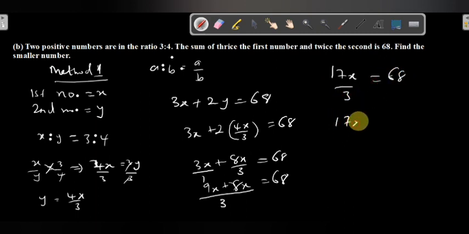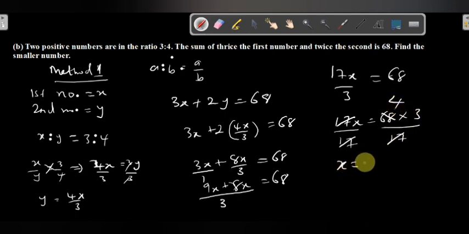So 17x is going to be equal to 68 times 3. For me, I can just divide both sides by 17. If I divide both sides by 17, this will cancel out this, and this gives us 4. So x is equal to 4 times 3, that is 12. So x is equal to 12.